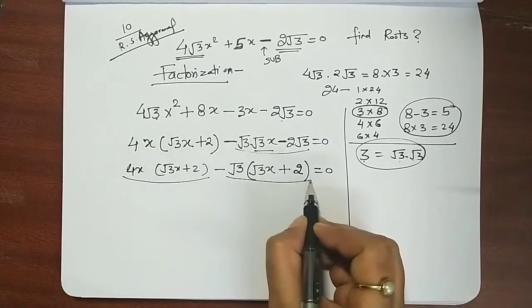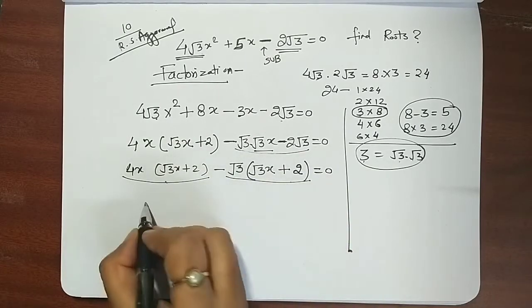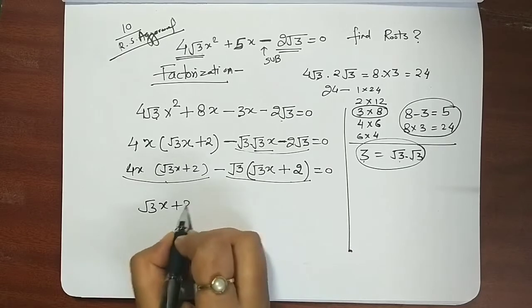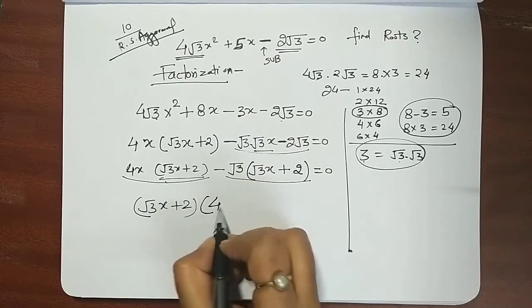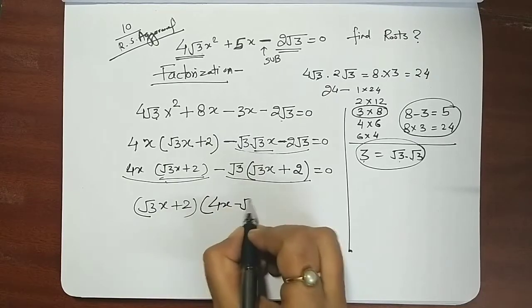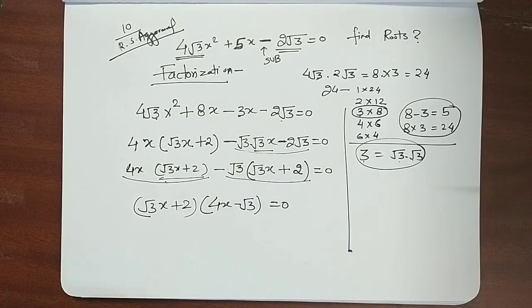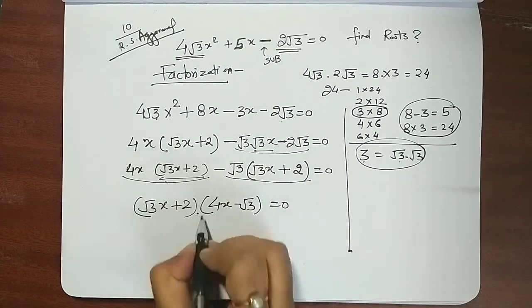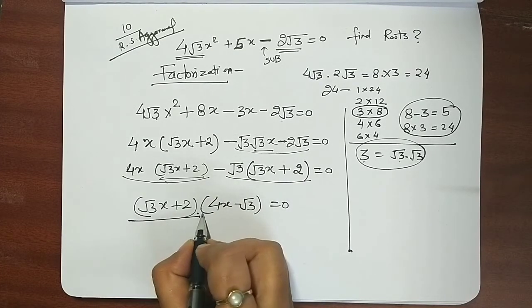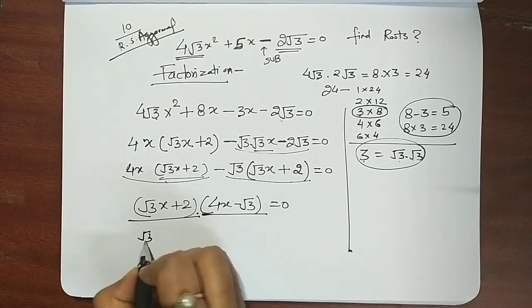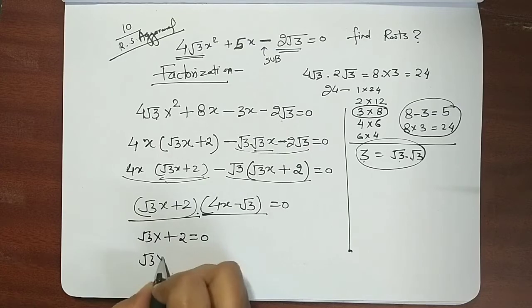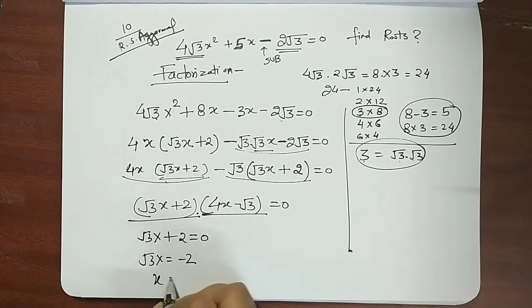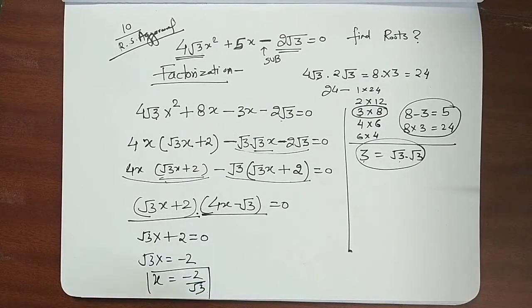Now between these two, I can see root 3x plus 2 is common and 4x minus root 3 is left over. After factorization, either this can be 0 or this can be 0. So root 3x plus 2 is 0. That means root 3x is minus 2, so x is minus 2 by root 3. This is my first solution, guys.